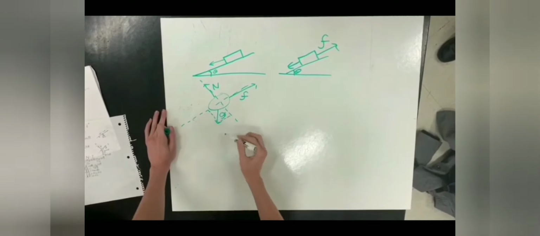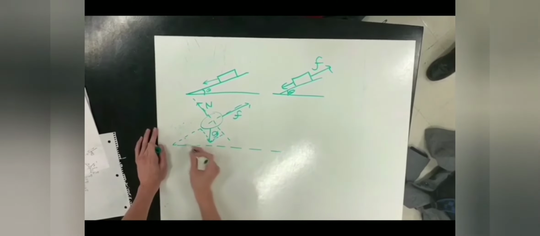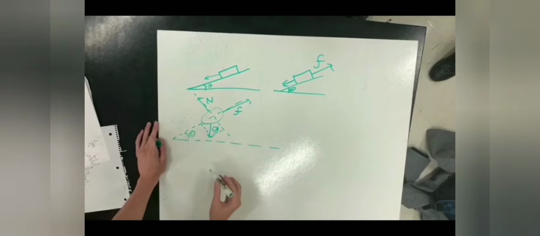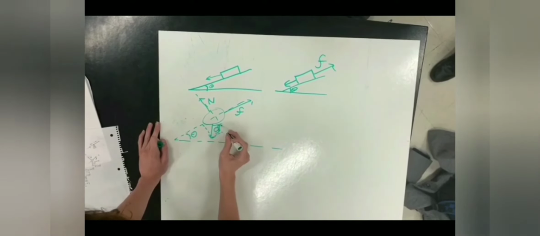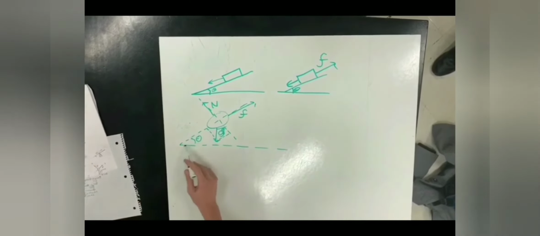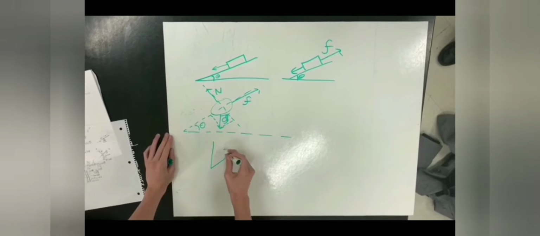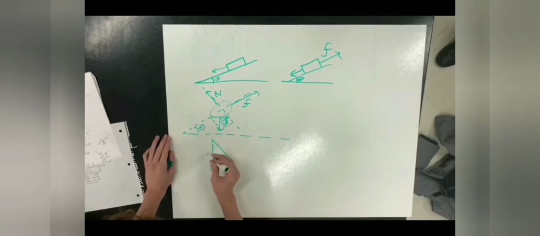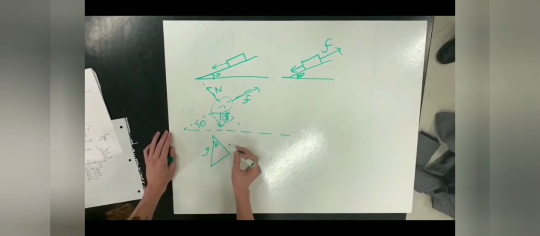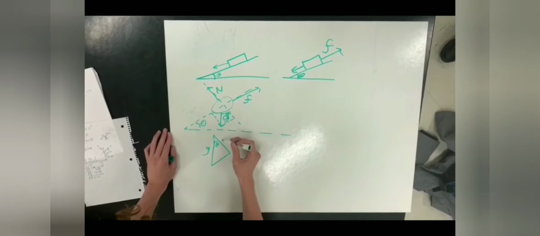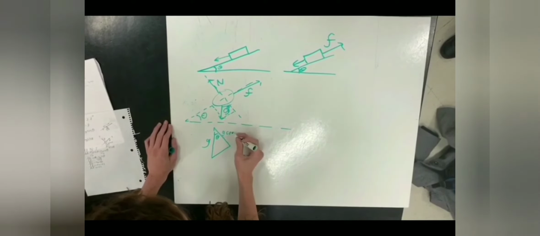So we can separate this into two, where since this is theta, we know that this is also theta. So we can draw this triangle better. This is G. This is theta. This is G times cosine theta.